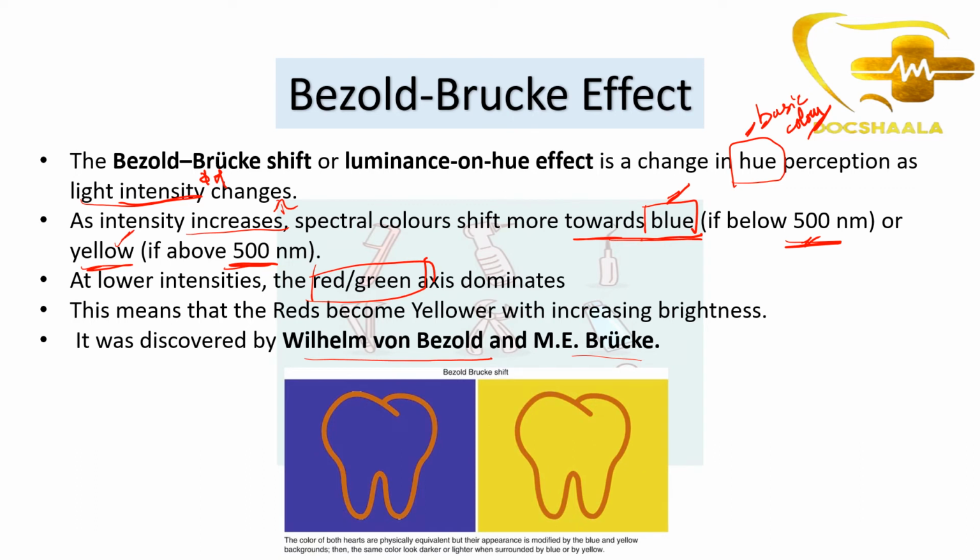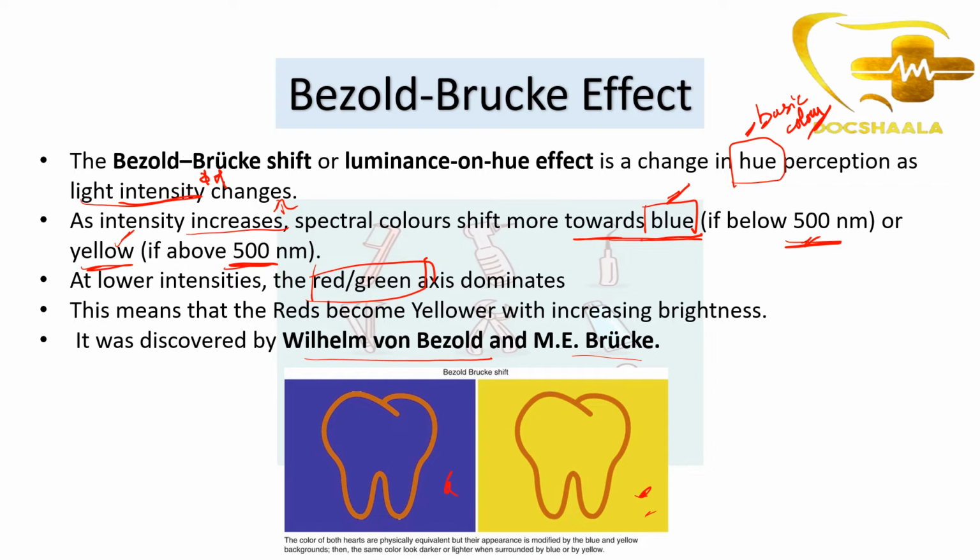In this image you can see the color of both the teeth is equivalent. But the problem is when the background color is changing: when it is modified by blue, it looks like a lighter color, but when we put a yellow background, it looks like a darker color.